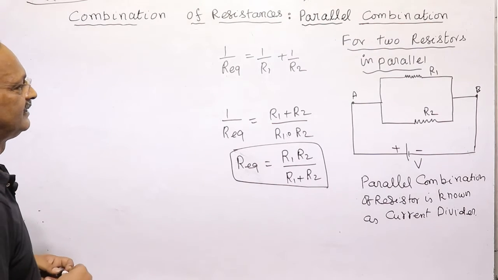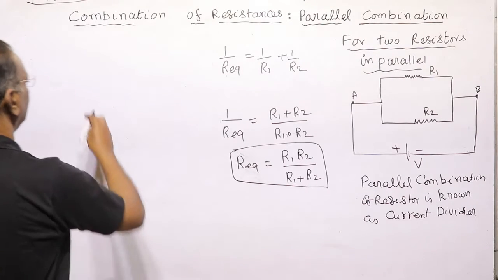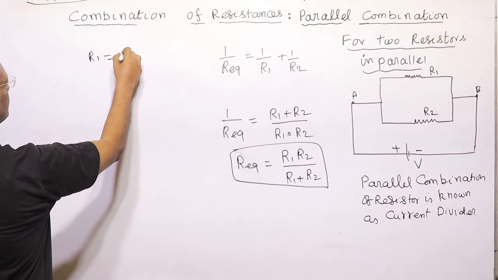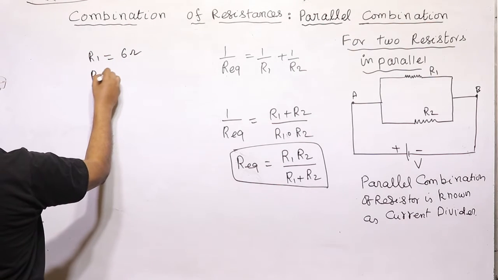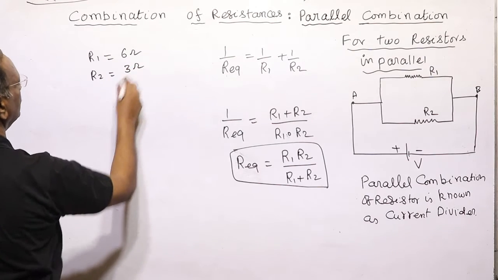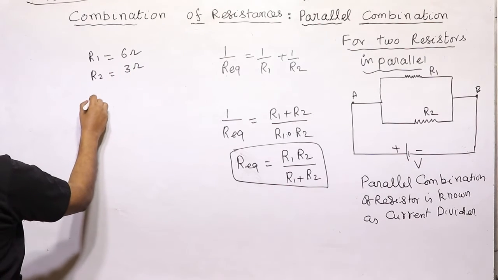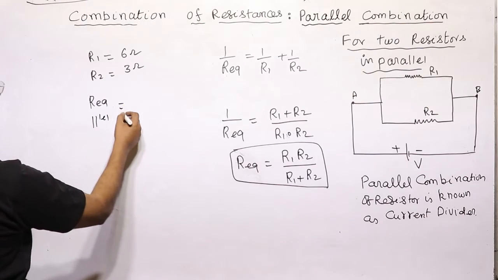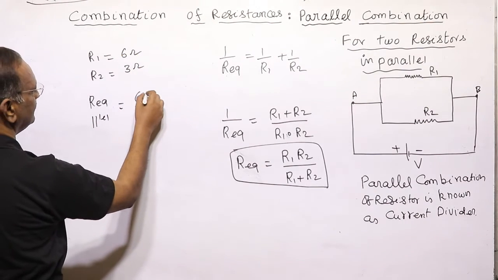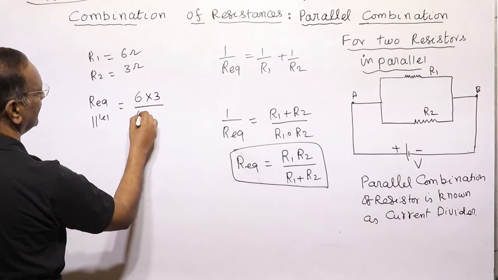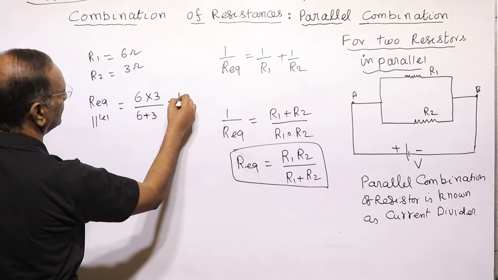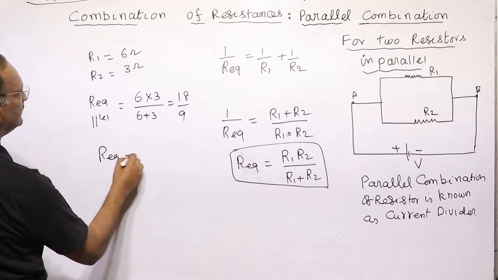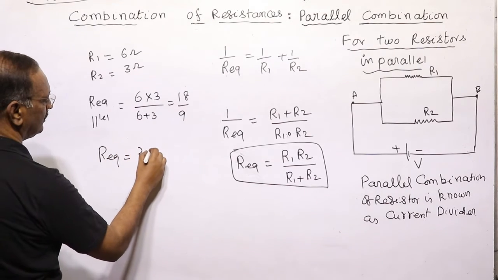Okay, now further extension. Suppose R1 is equal to 6 ohm and R2 is equal to 3 ohm. Then R equivalent of this parallel is equal to, multiply and divide by their addition, 18 divided by 9. So R equivalent is equal to 2 ohm.